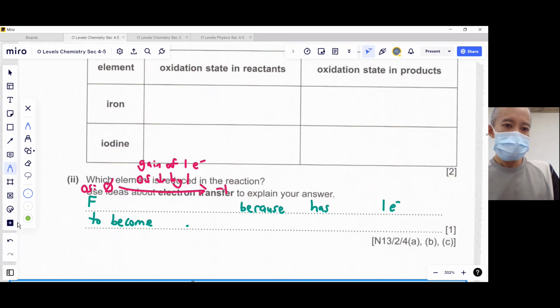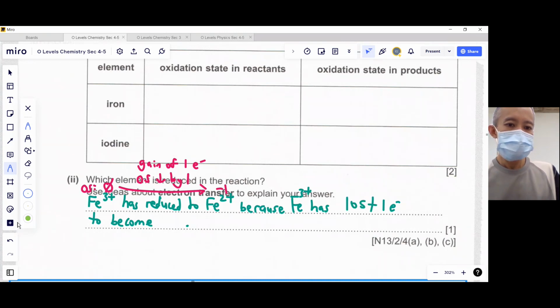Right, so basically iron 3 plus is number 1 and reduced to iron 2 plus because iron 3 plus has gained 1 electron.